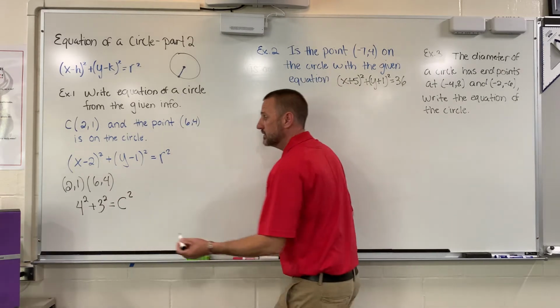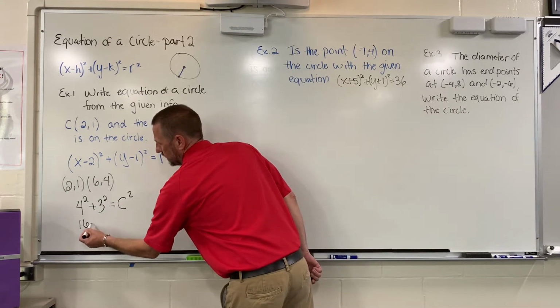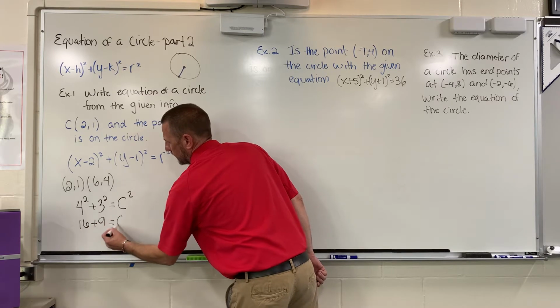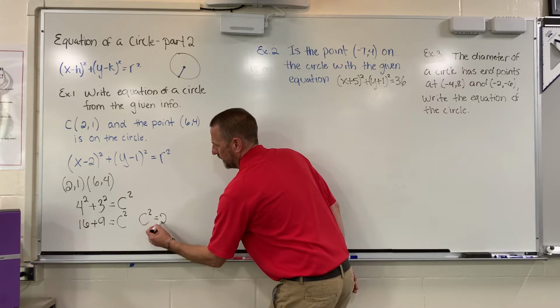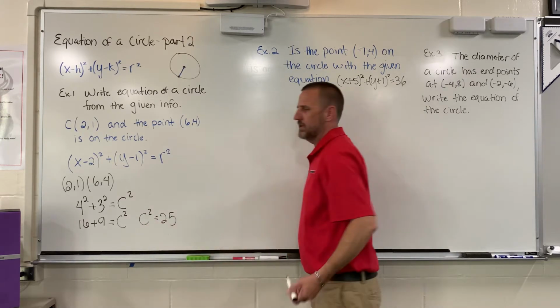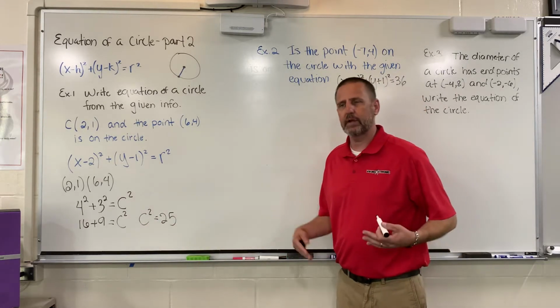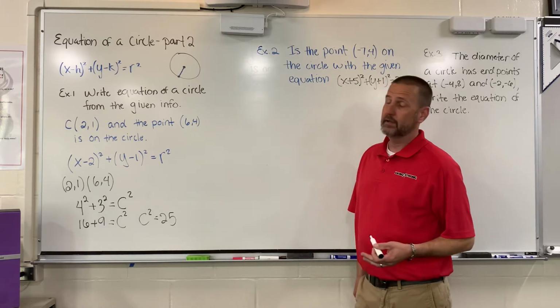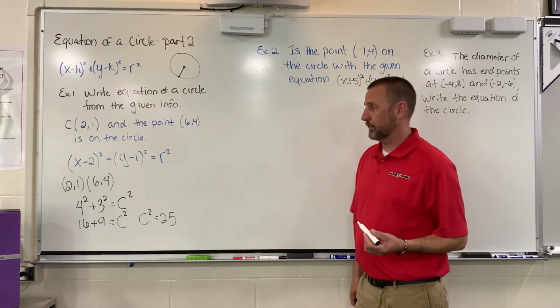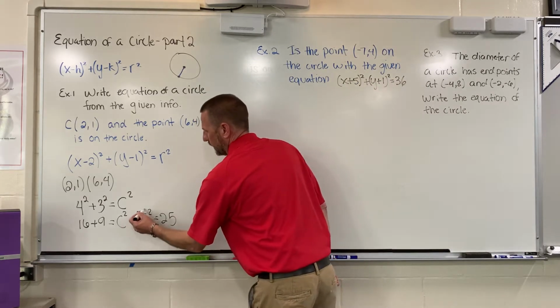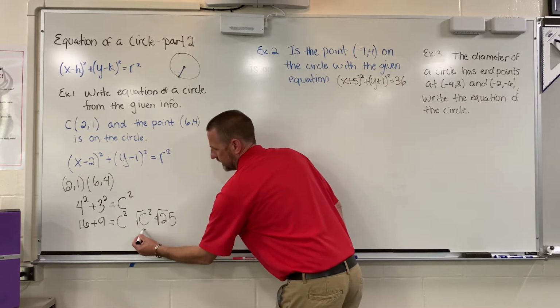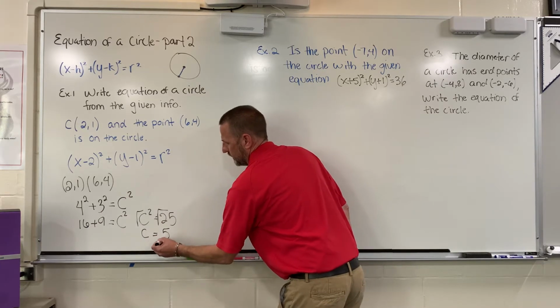Well, 4 squared is 16, 3 squared is 9, and I've got c squared is equal to 25. That's awesome, but that's not the radius. That's actually the hypotenuse squared of the right triangle I just made. So when I take the square root of that, I get c equals 5.